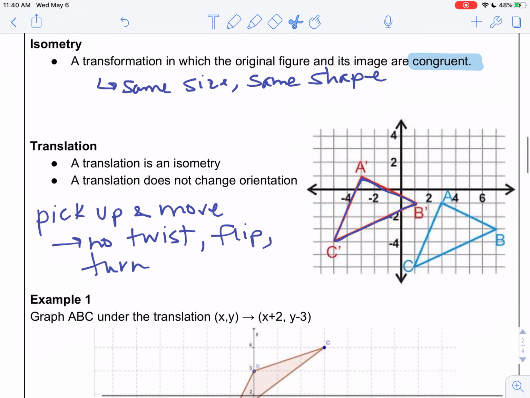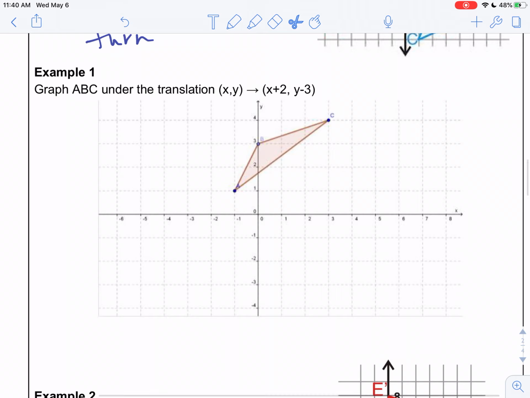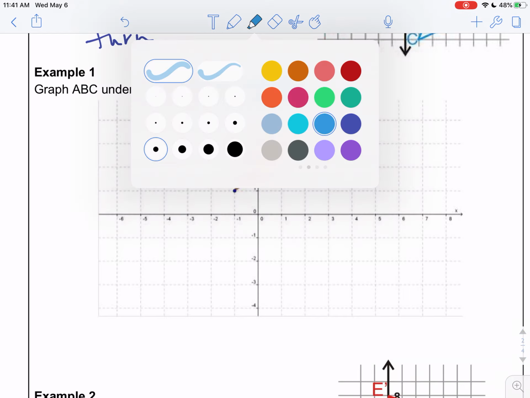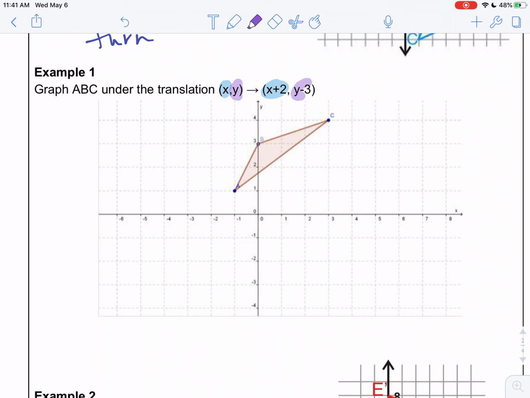All right. So example 1 says graph ABC under the translation (x, y) gets mapped to (x plus 2, y minus 3). So that means every x coordinate, we're going to add 2 to it. And every y coordinate, we'll subtract 3 from it. All right, so A is hanging out at (negative 1, 1).